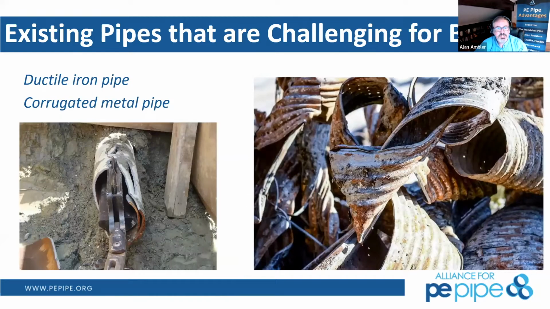Types of pipe that are challenging for bursting: a ductile iron pipe, as I stated previously, and then corrugated metal pipe. As much as the industry would love to be a solution for a lot of that pipe in stormwater applications, that lack of hoop strength within the CMP actually then accordions up on the expander head and then has stored energy that has to be cut off once the crew's daylight through the other side.